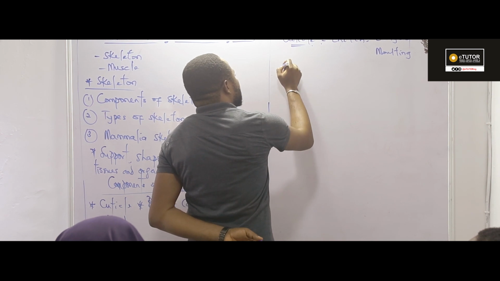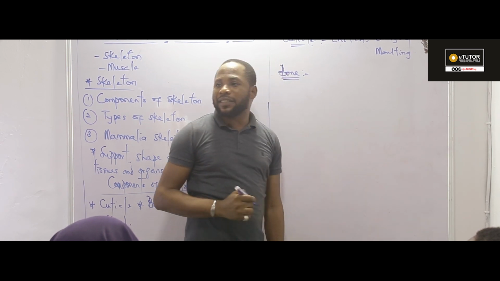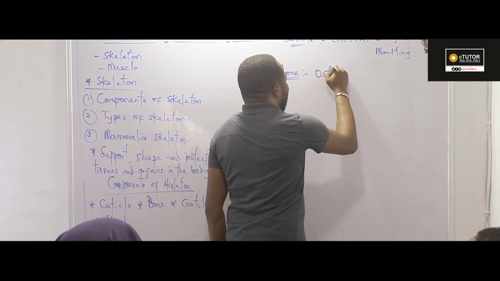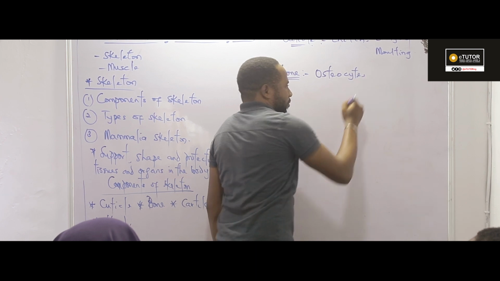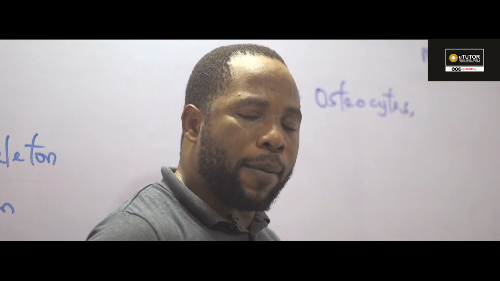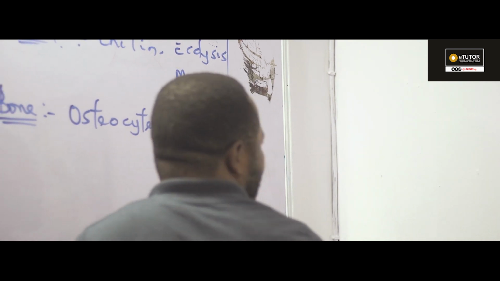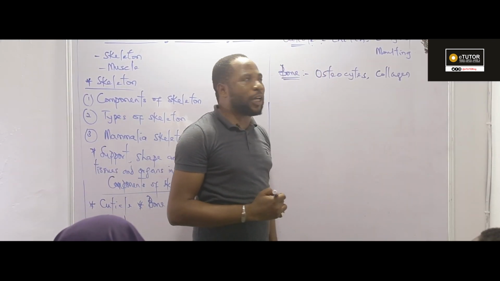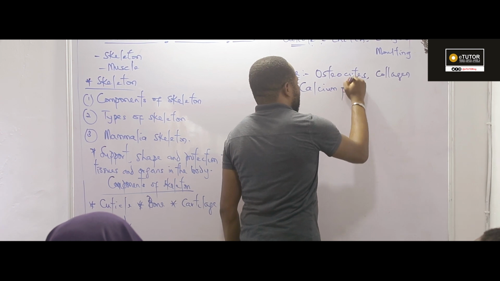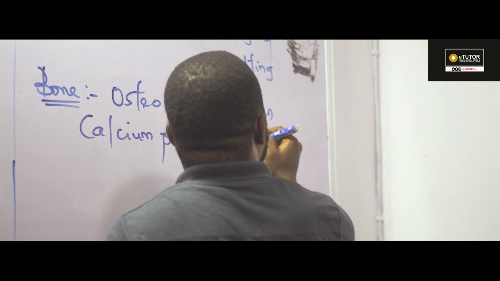The second one, bone. This form of skeleton consists of living cells called osteocytes. It consists of a protein fiber called collagen and a mineral substance which is made up of calcium phosphate and calcium carbonate.